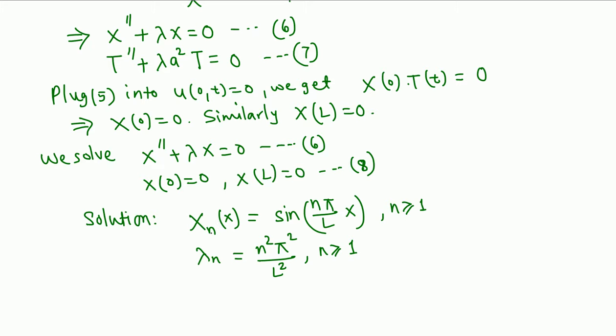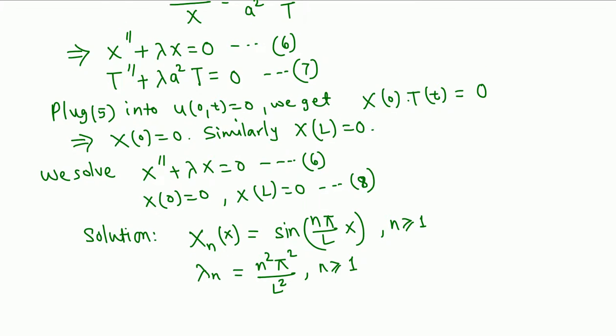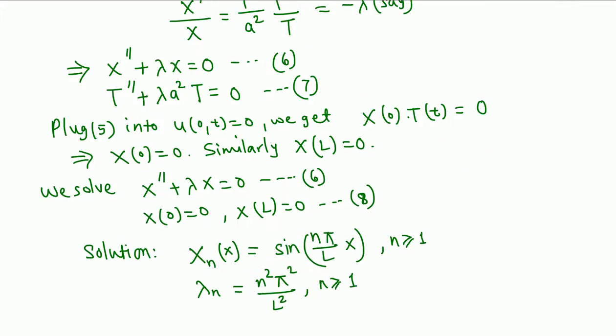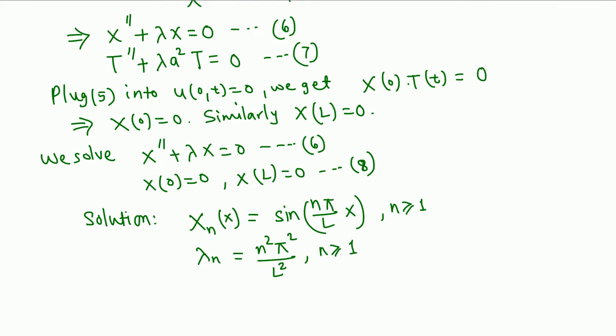Okay, so we found the X part. If you go back and see number 5, that's the solution. Solution u is in fact a product of X and T, and we just found X over here.